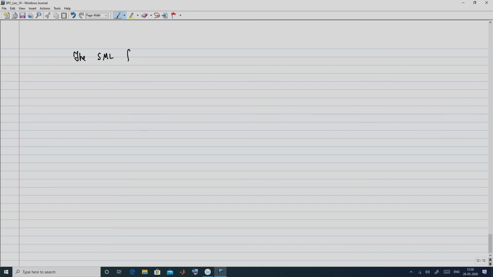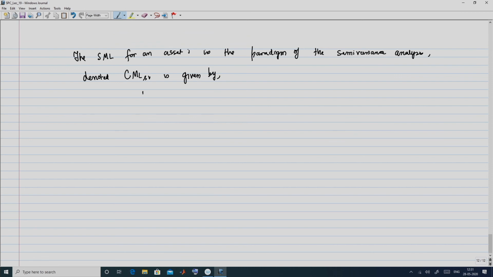So, the SML for an asset I in the paradigm of the semi-variance analysis, which is denoted by SML SV, is given by E of Ri is equal to Rf plus (E of Rm minus Rf) into beta I. So, remember that this was the original SML.